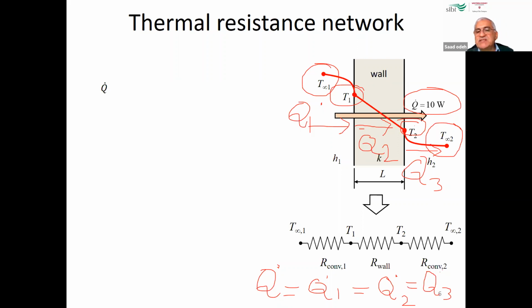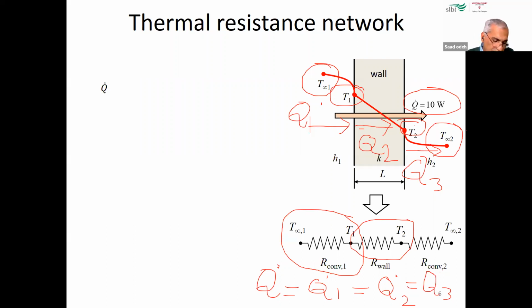So if I know any one of these, it is this heat transfer Q dot, which is the heat transfer through the wall, okay? And I can see here, I simulate the heat transfer between the inside air and the wall by R convection, because heat transfer in the air takes place by convection, not conduction, correct? And inside the wall, can you see here, this is thermal resistance 2, through the wall. So this is by conduction.